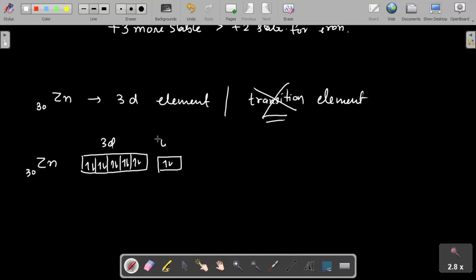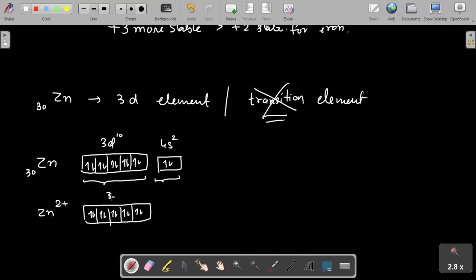4s2. So it has completely filled orbitals. It does not have any unpaired electron either in the d or s orbital. Let us talk about the +2 oxidation state of zinc. In zinc +2, which is another ionic state of zinc, we get 3d10 4s0 configuration.